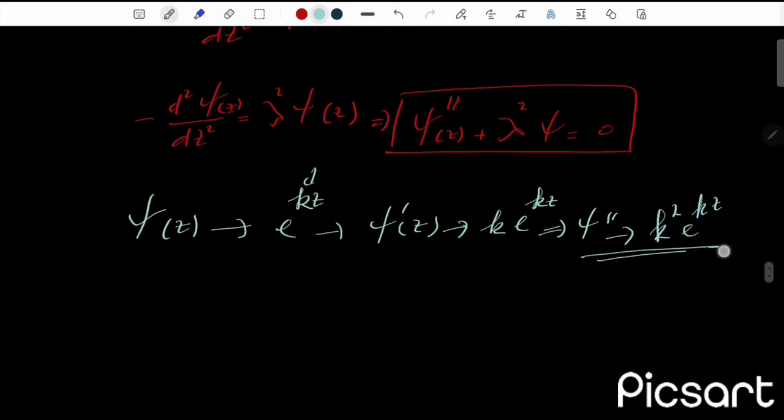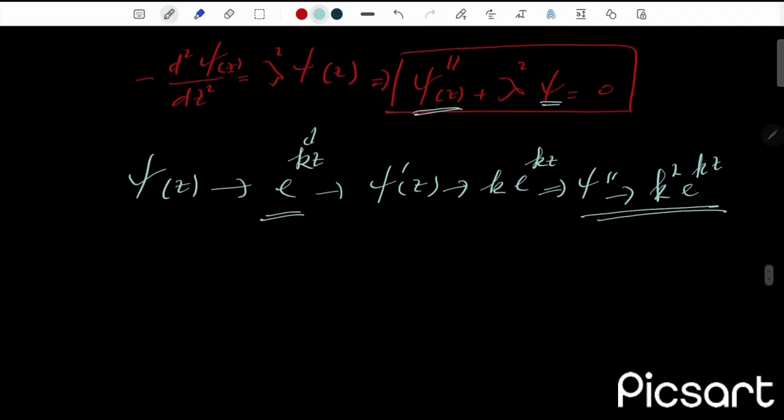Then we substitute this expression for the second derivative and this one for the psi function in the equation, and we have now k squared plus lambda squared, times e to the power k times z, equal to 0.